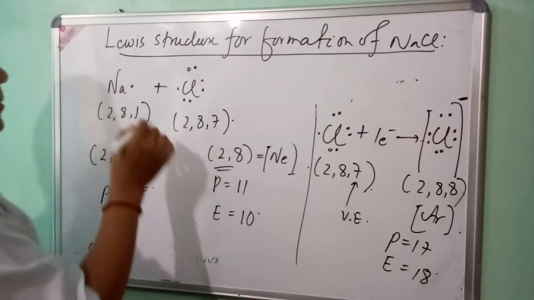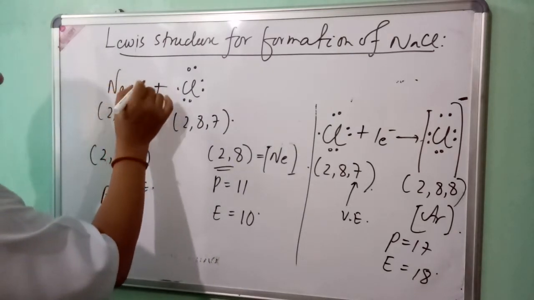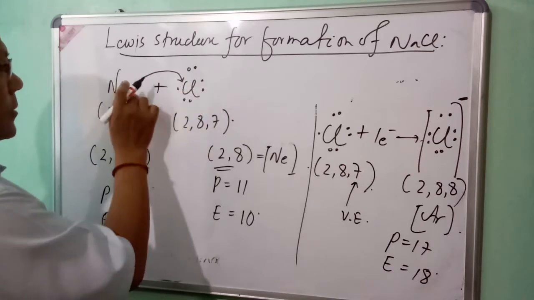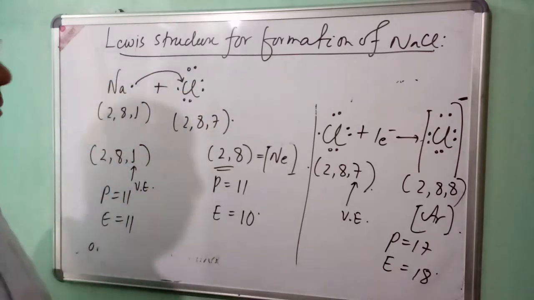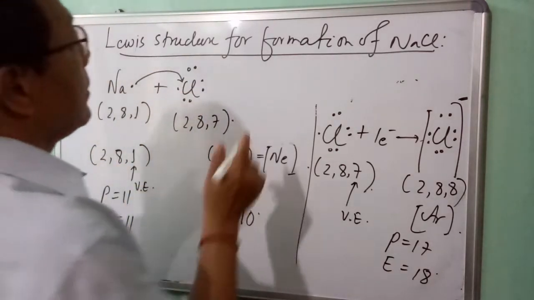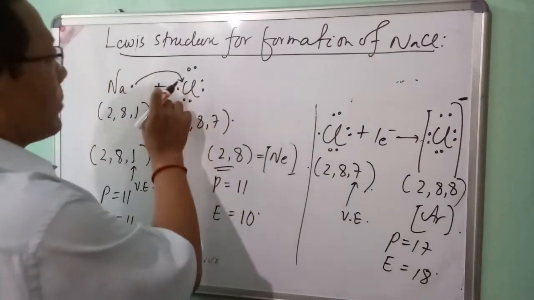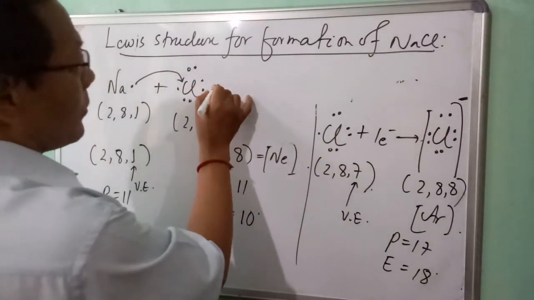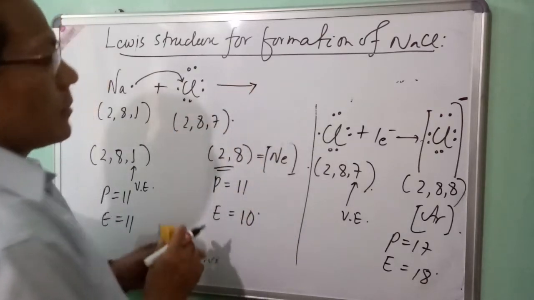Here this metal sodium atom loses its valence electron to get the stable configuration of neon, and this chlorine atom gains one electron to form chloride ion, and it will get the stable configuration of argon.